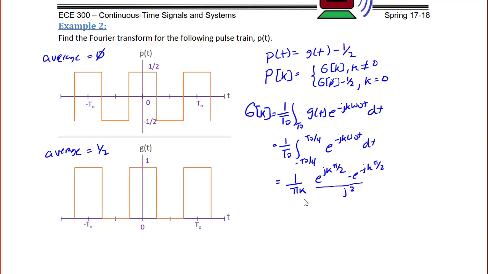And rewriting this as a sinc, this is equal to 1/2 sinc of k over 2.